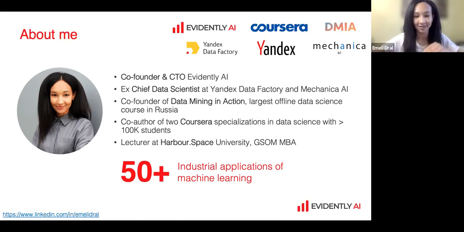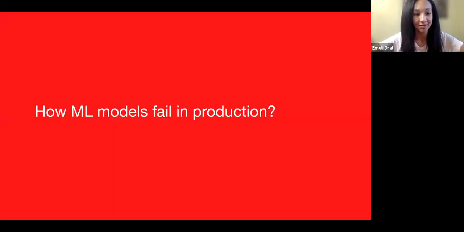Today I'm going to use this experience to discuss what can happen with machine learning models and how we can account for it. First of all, let's discuss how machine learning models fail in production. Everybody knows that building a successful machine learning model is a tough task in itself, because we need to put together data from different data sources. Then we need to perform a solid feature engineering process on top of it, build the machine learning model, validate it, then build the service.